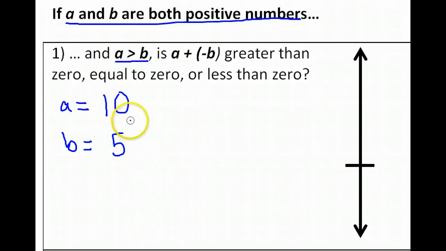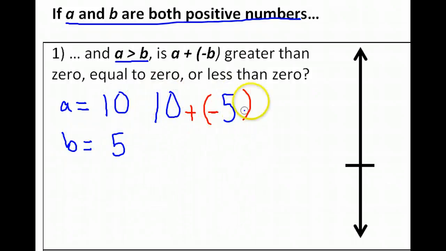So now that I've chosen these numbers, I can plug them in to this problem. I'm given A plus negative B. So it's plus a negative. I've just got to plug in what I chose for A. So I chose A is 10 and B is 5.